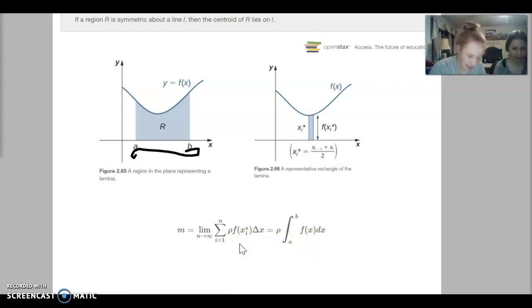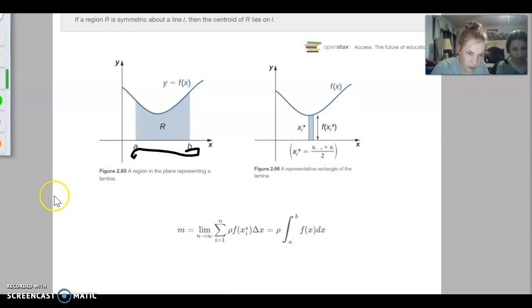I'm gonna simplify this. M equals. I cannot write this. Nope, you can't. Okay. So M equals the limit as n goes to infinity.